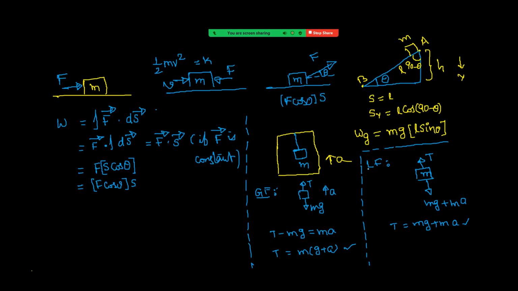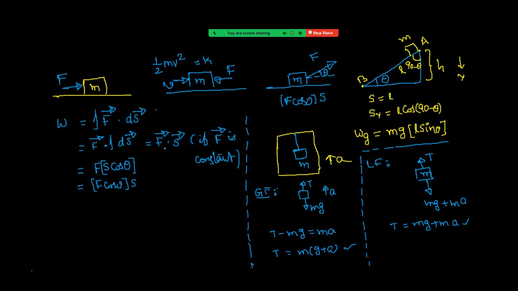But in the lift frame, the block has no displacement, even though tension is the same. That means S is 0. So in the lift frame, by tension, no work is done. I am repeating: in the lift frame, by tension, no work is done because with respect to the lift, the block is stationary. That's why work done is frame dependent.